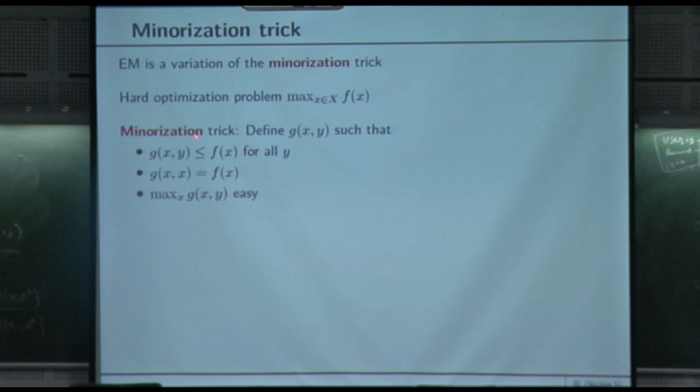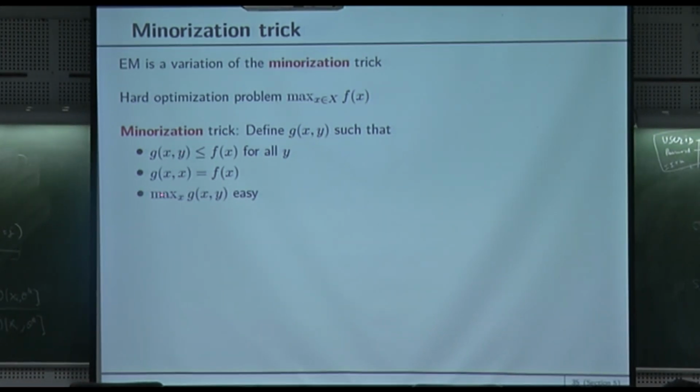And let's suppose that if I fix the value of y, this maximization over x for g(x,y) is an easy problem.